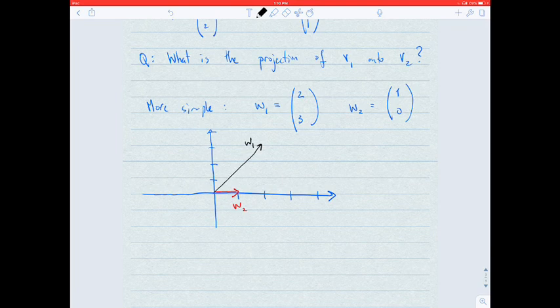Well, you can see here that the projection of W1 onto W2 is basically just the shadow onto this axis.